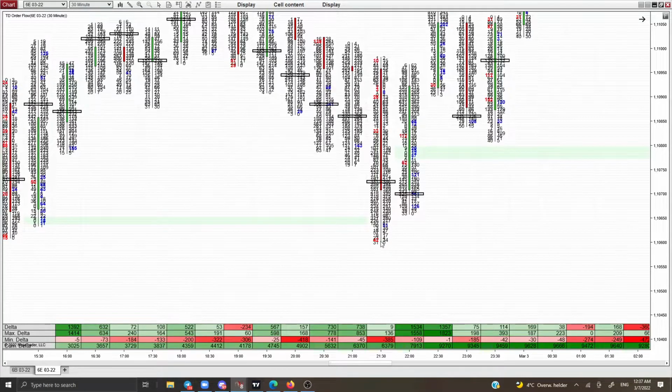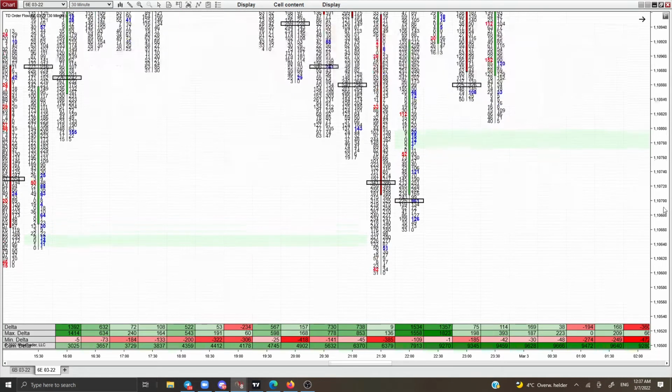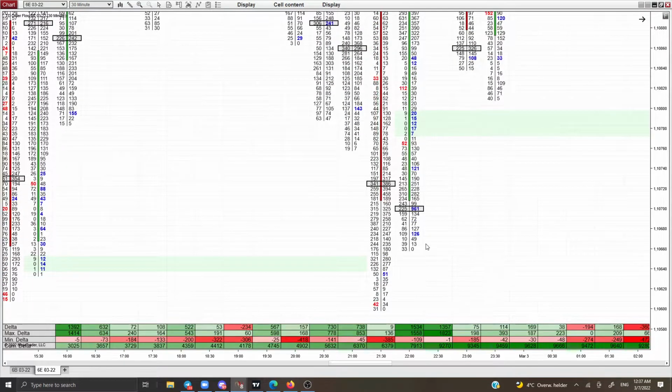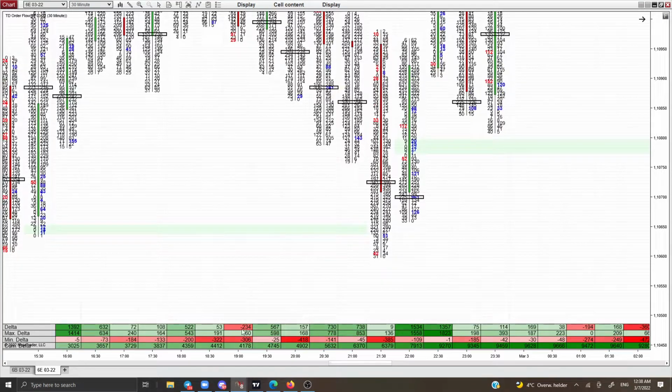So we have seller's trap, we have point of control in the right position. I see the buyers are joining in a stack imbalance, multiple buying imbalances, and I have a huge delta. So these 4 confirmations are enough for me to say that yeah, this is a buy, and this is happening at divergence.